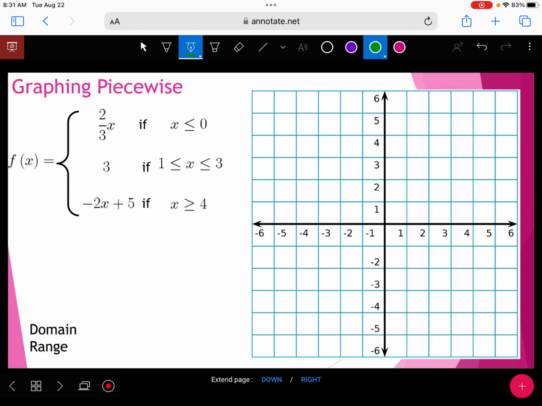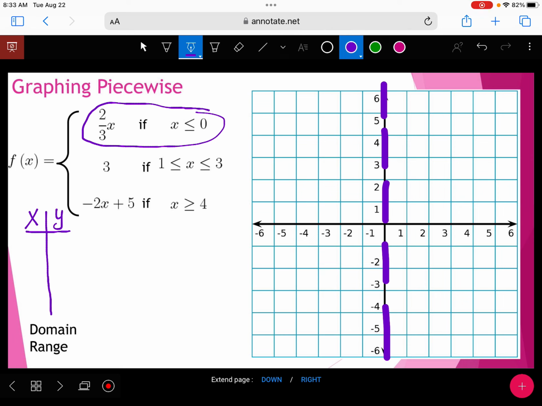It's totally fine. Once you've got it written down, see if you can pick out some x values we're going to use for the purple one, for the first one.